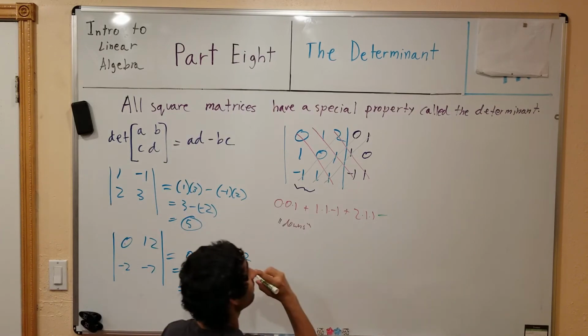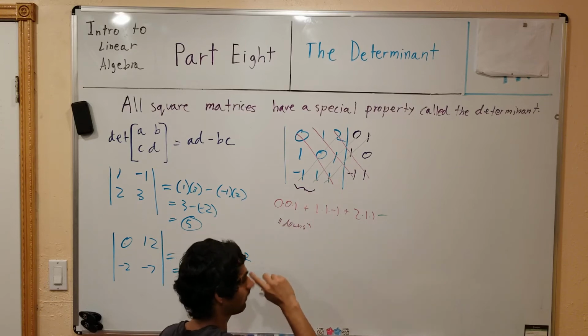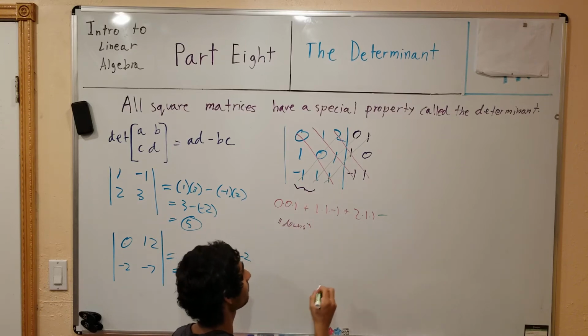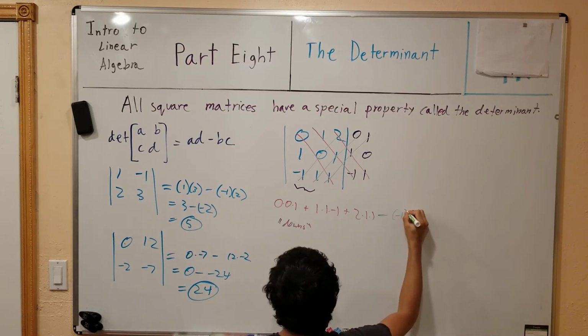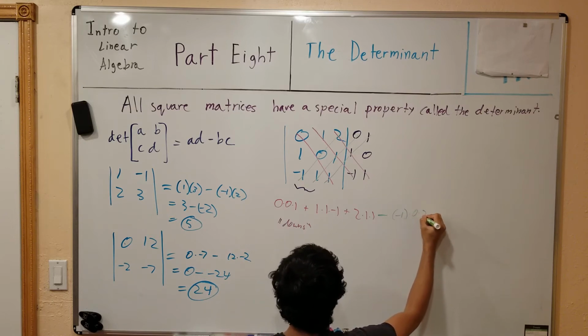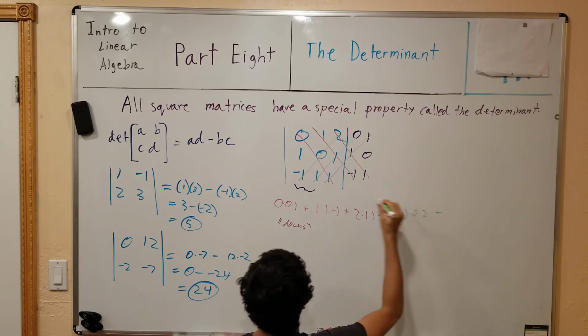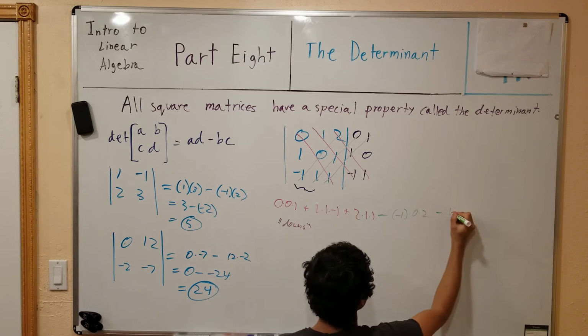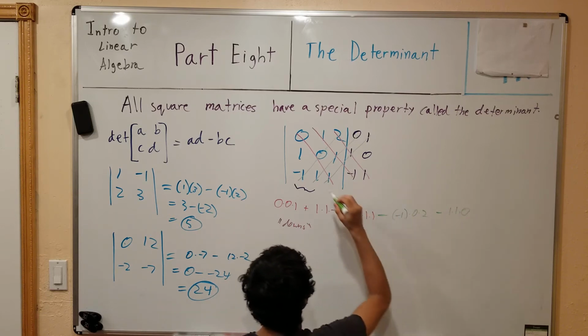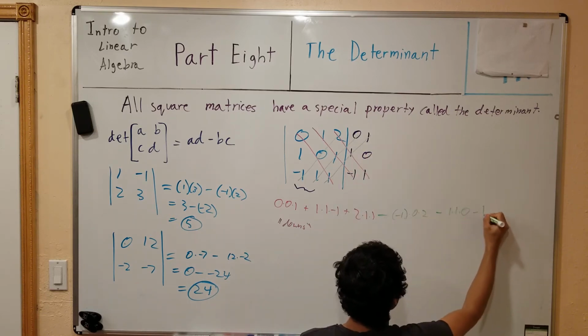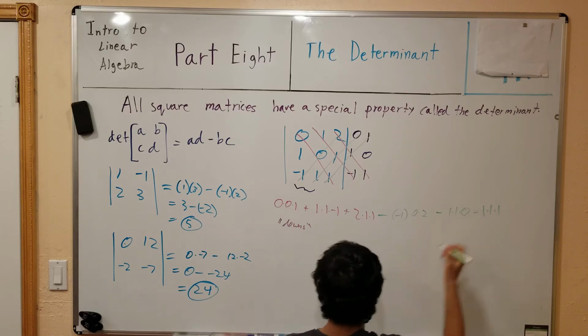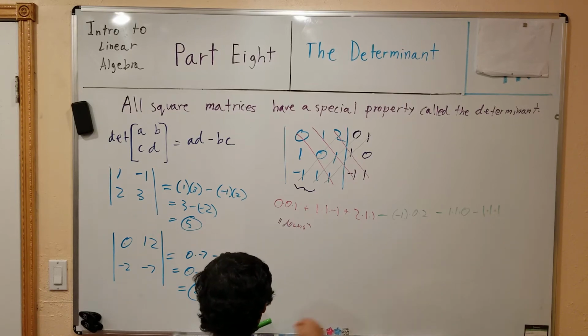Our first up is going to be negative 1 times 0 times 2, and we're going to subtract our ups from our downs. So negative 1 times 0 times 2 minus, what's our next up? 1 times 0 times 1 minus our third up is going to be 1 times 1 times 1. So what's our final result?